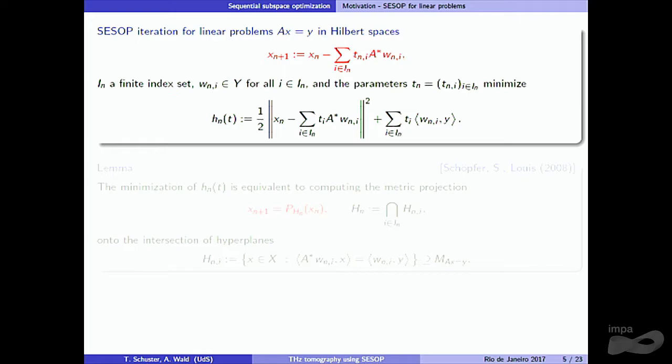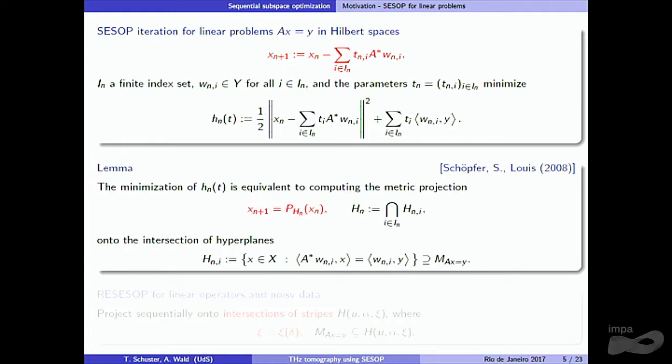But here, the step sizes t_n are now chosen in the following way, as to solve this quadratic functional, this function h_n of t, where t is from a finite dimensional space, R^m, where m is the number of search directions in I_n. So you have a finite number of search directions in each step in the range of A star, and you solve this quadratic problem. And the question is, why do we solve this problem to have the step sizes?